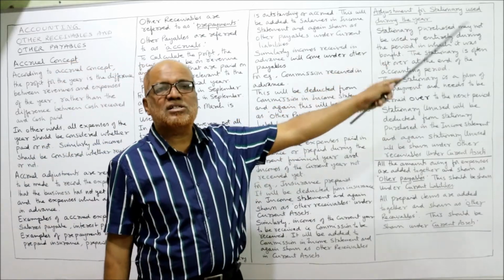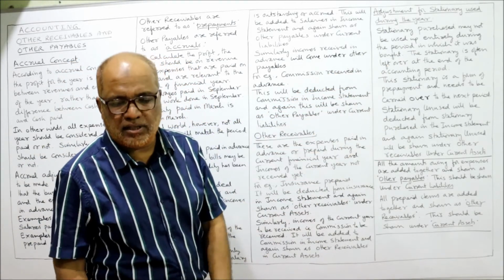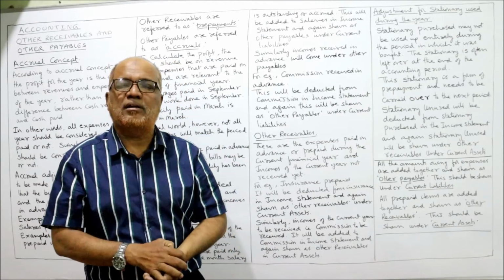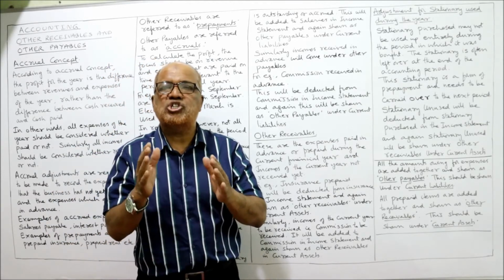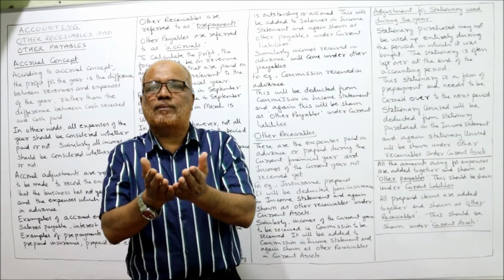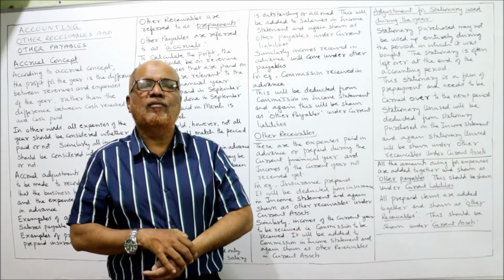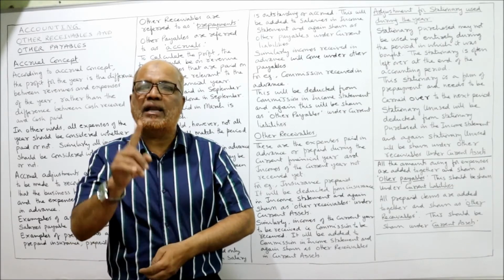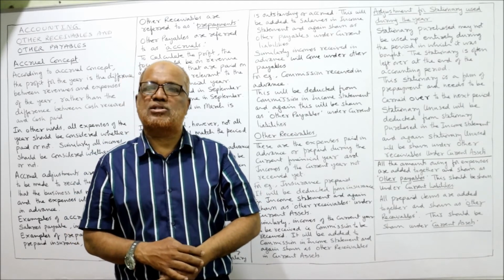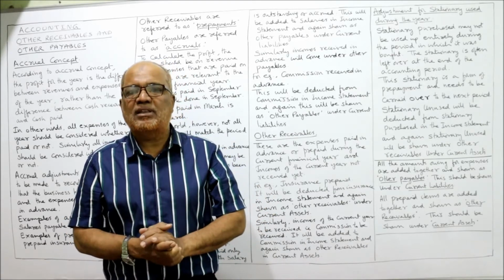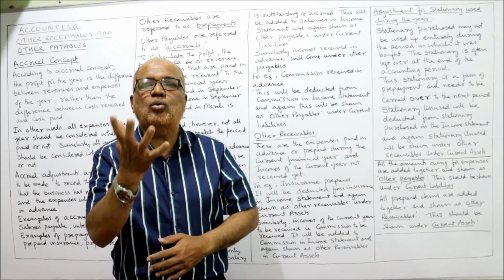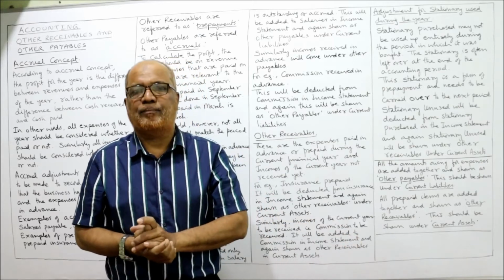Now the next topic is adjustment for stationery used during the year. One more accrual adjustment required is regarding stationery consumed. When you open the stationery account in the ledger, you will find stationery purchased 1 lakh during the year. But in the adjustment it is given that out of 1 lakh, 20,000 of stationery is unused at the end of the financial year.